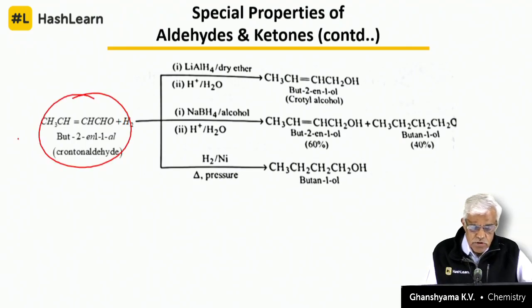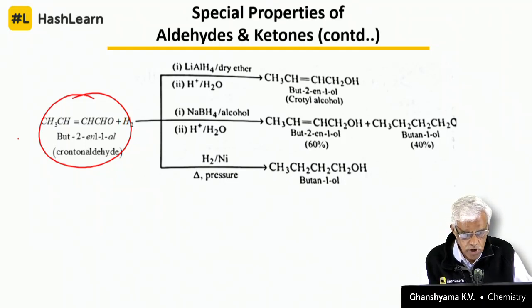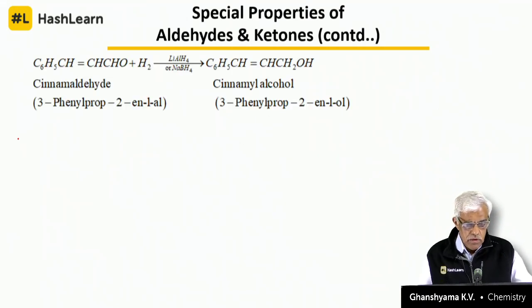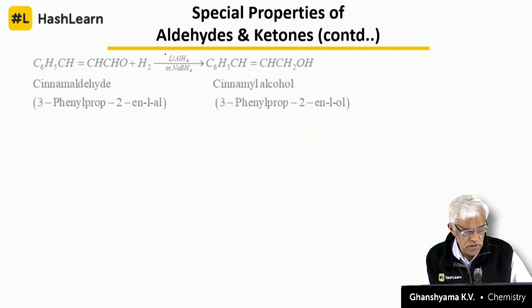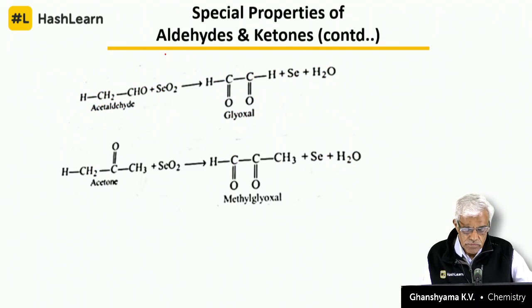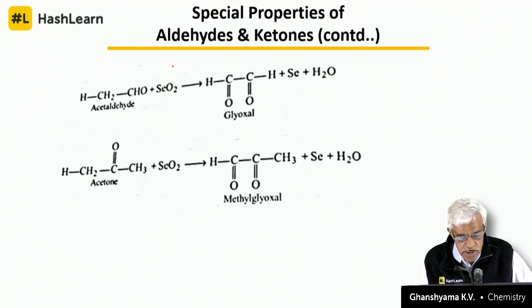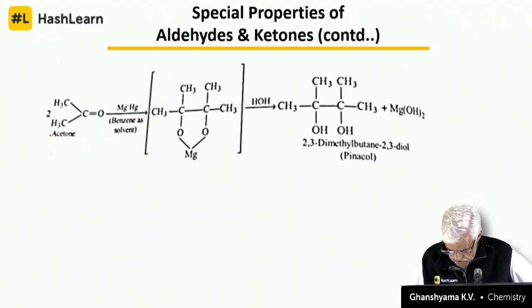The reducing agents, lithium aluminum hydride, sodium borohydride and hydrogen in presence of nickel, how they act on which part of the aldehyde? Yes, I have explained. This also is again part of the previous one, explained. Selenium dioxide oxidation, CH3 having an alpha hydrogen atom undergoes oxidation, explained.